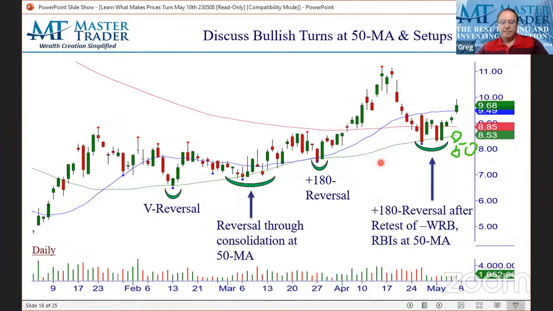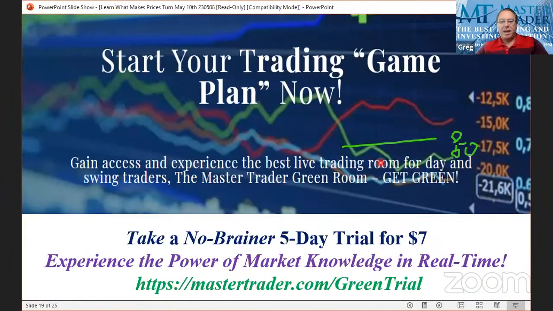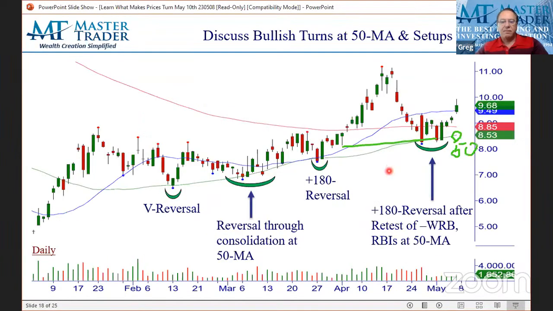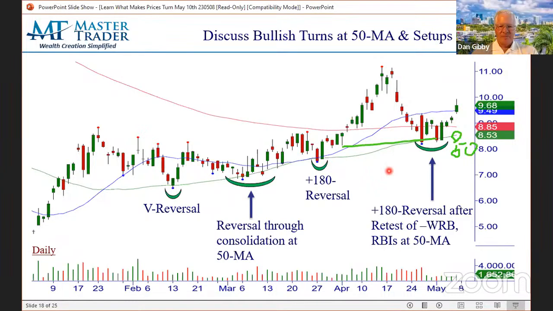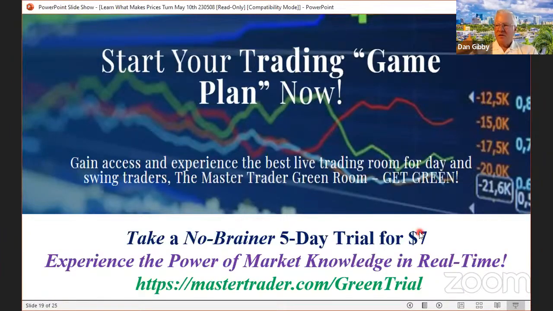Yeah. And support. And why it pulled all the way back like that, who knows, which is market environment, but it did. And so 2 things here, and then let's look at real charts.